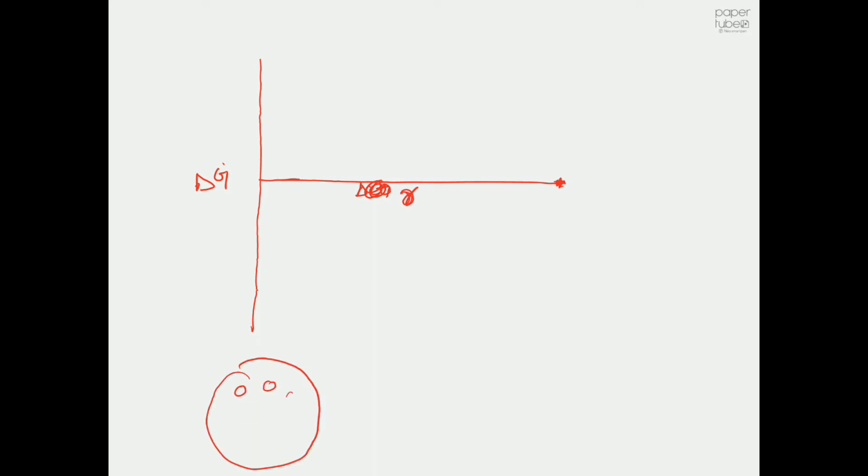This is the diagram by Gibbs himself. In the y-axis we have delta G, and in the x-axis we have the radius of the nuclei. What do I mean by radius? I said you have some solute molecules in the system.